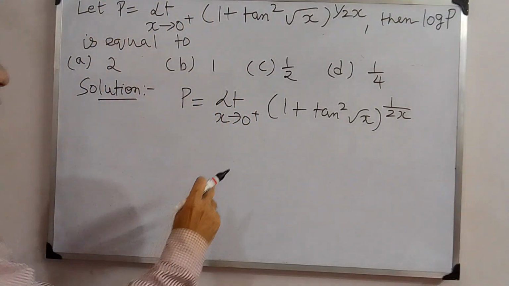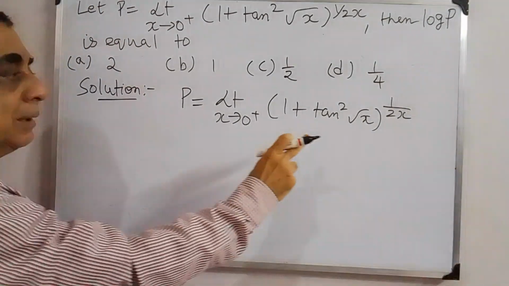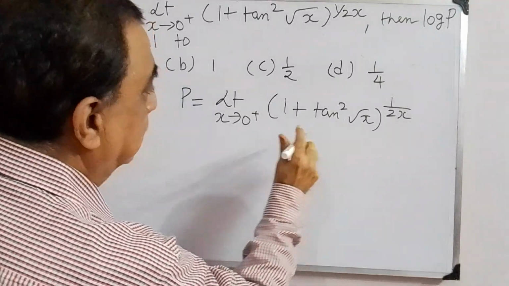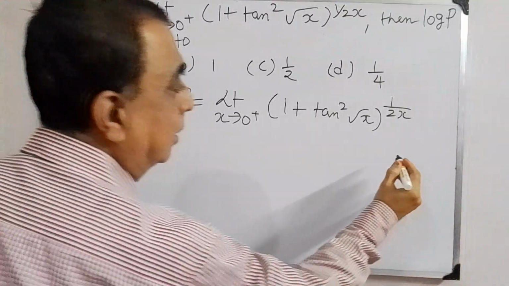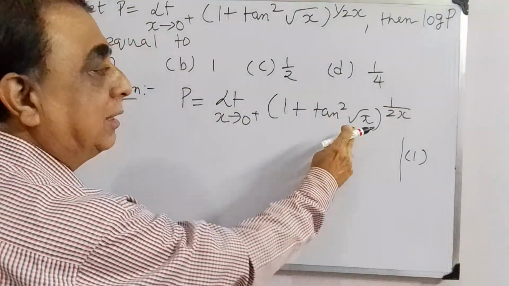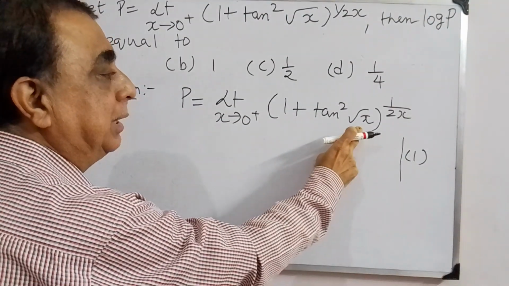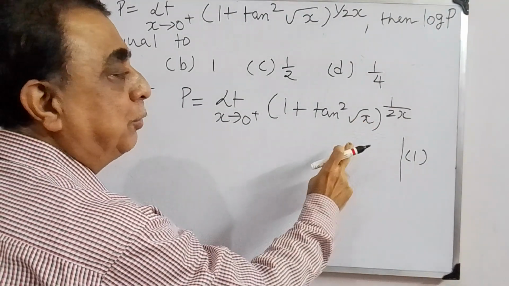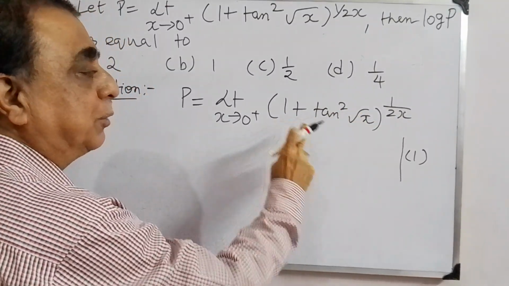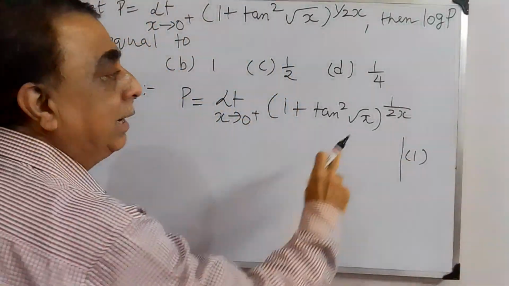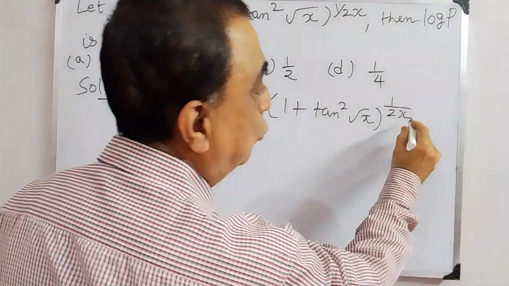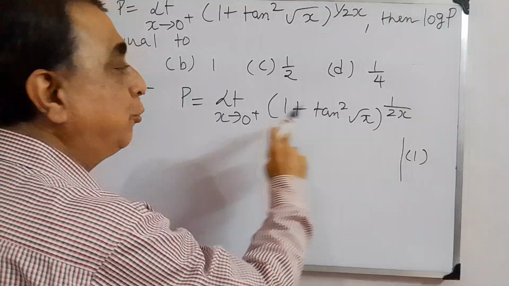If we substitute 0 for x here, what will we have? The base will become 1, because if I put the x value 0, the square root of 0 is 0, and tan 0 is 0, so 0 plus 1 becomes 1. And the power will become 1 divided by 2x, with x tending to 0 plus.